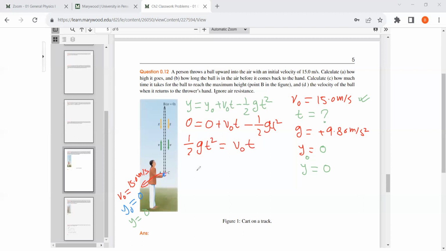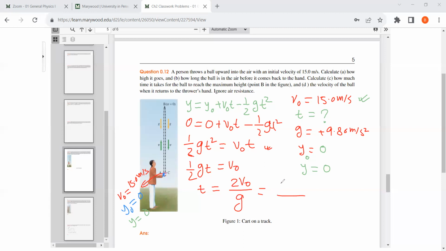So half g t equals v0. Here I can cancel one of the t. In the left hand side I have half g times t, and if I cancel t with the right hand side, we should have only v0. So if you solve it for t, you get 2 v0 over the gravitational acceleration.